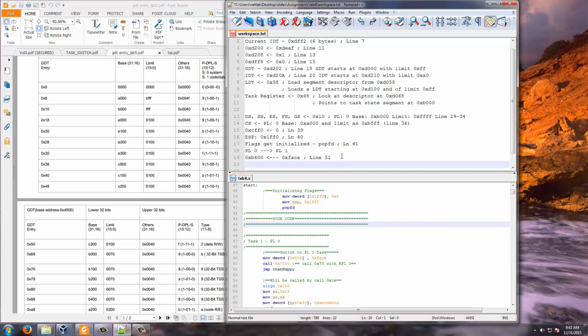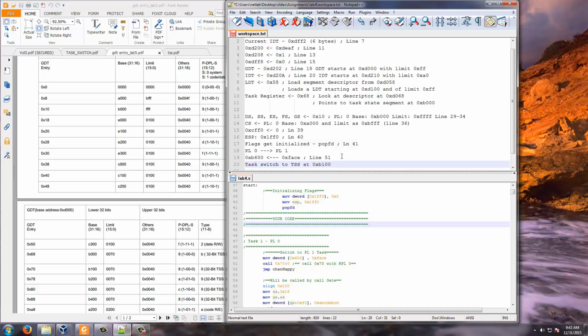So line 52 is a task switch to the TSS at 0xB100.